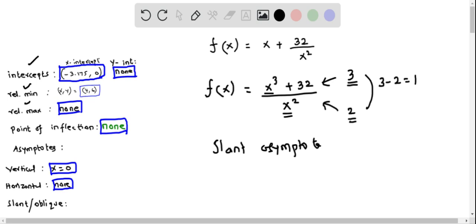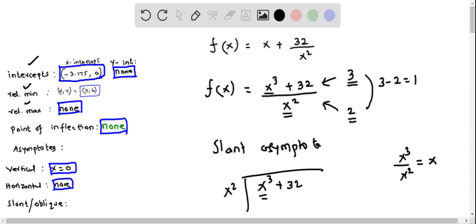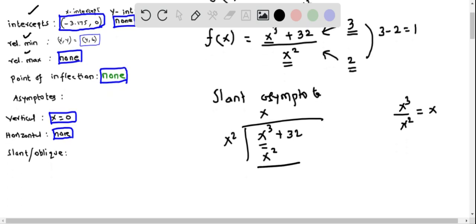Once we know there is a slant asymptote, we can perform long division to determine it. So let's do that. We have the rational function x cubed plus 32, and this has to be divided by x squared. We consider x cubed divided by x squared, the first term of the divisor, and this gives x. So I put x, multiply it out to get x cubed, and bring down the 32, which is the remainder.